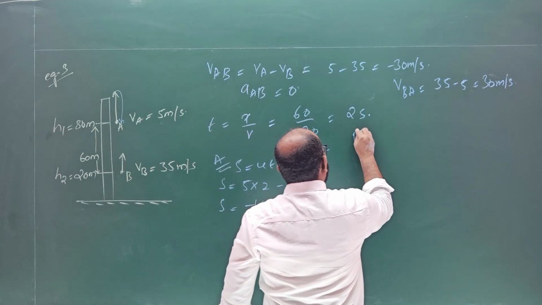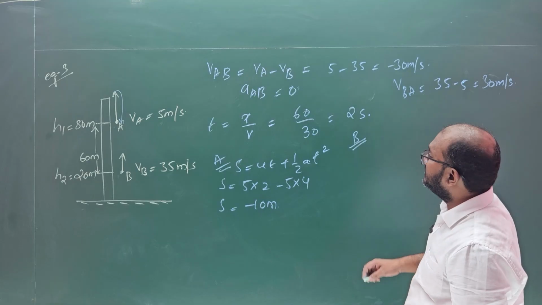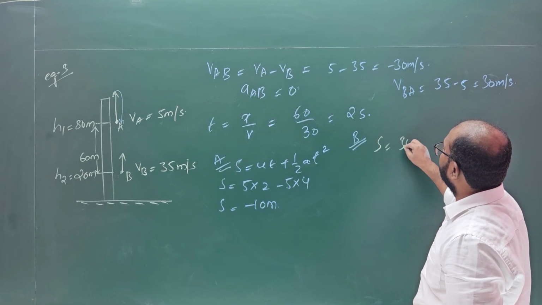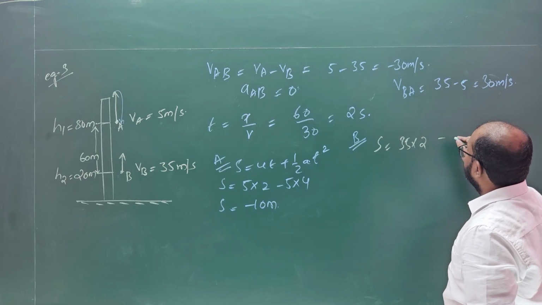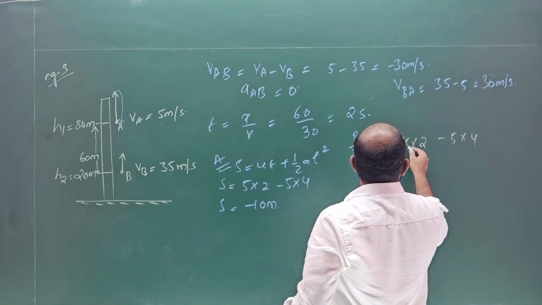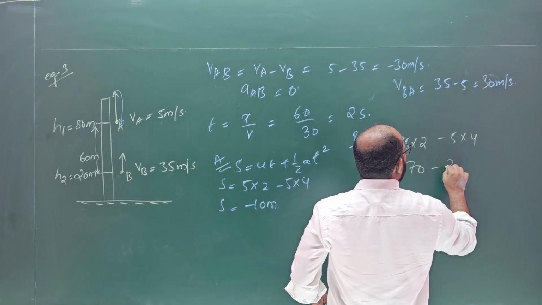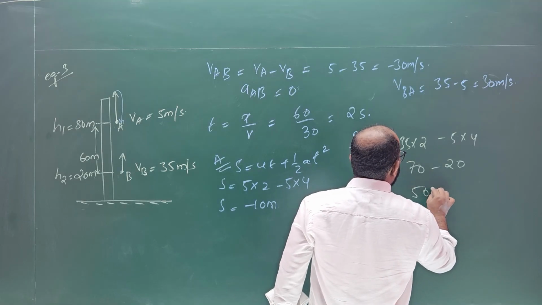Now calculating for B, the initial velocity is 35. So S is equal to 35 into time, which is 2 seconds, minus 5t square, that is 4. This is 70, this is 20. S is equal to 50 meters.